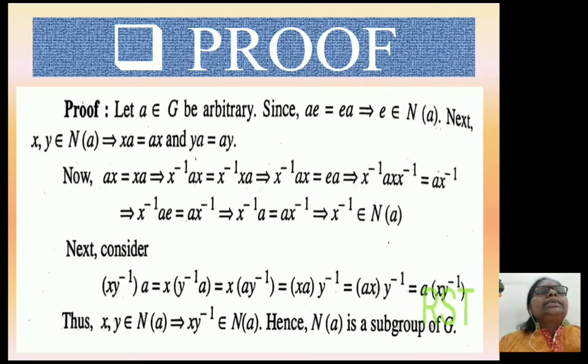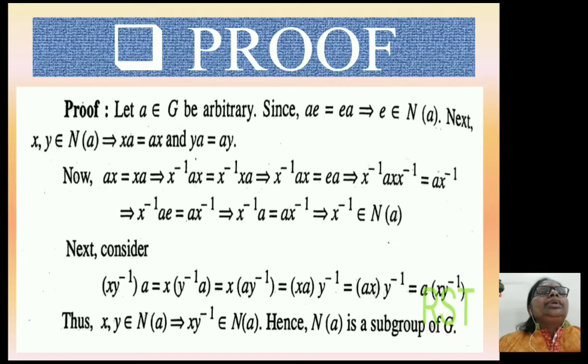This implies x inverse ax equals, on the RHS, ea, since x inverse into x equals e. This term comes after multiplying the previous term by x inverse on the right side.